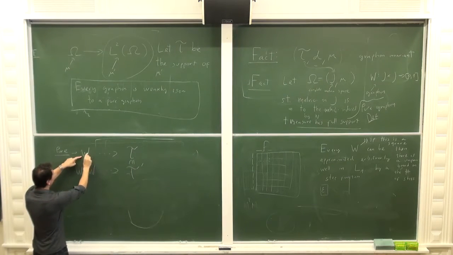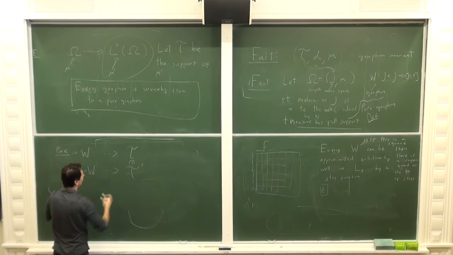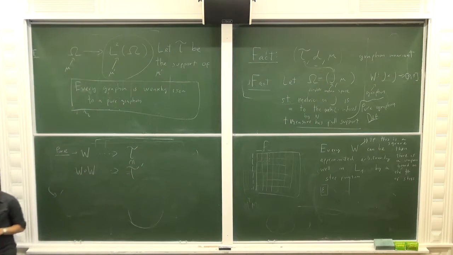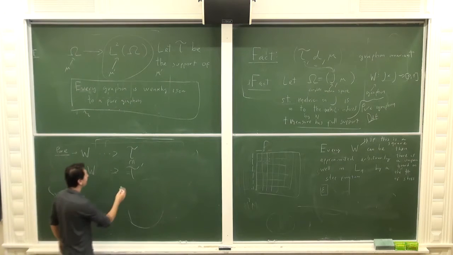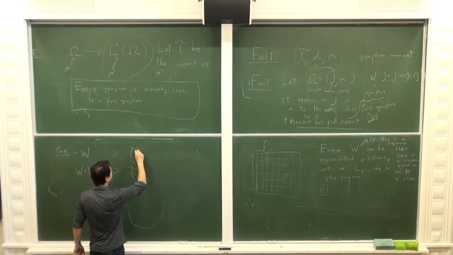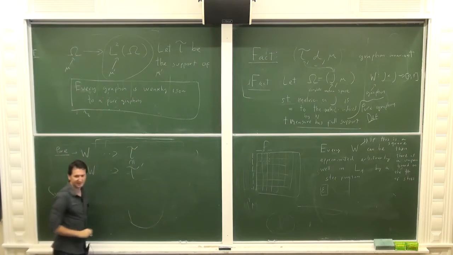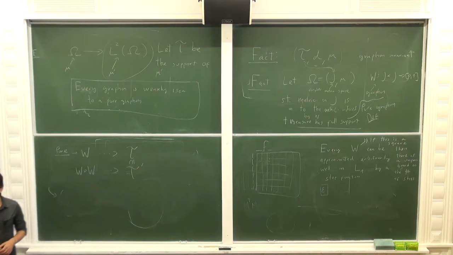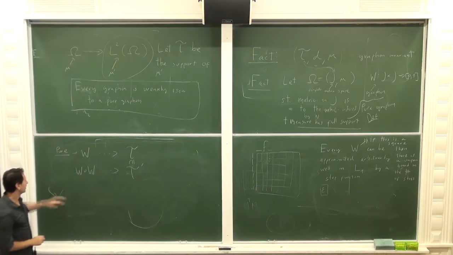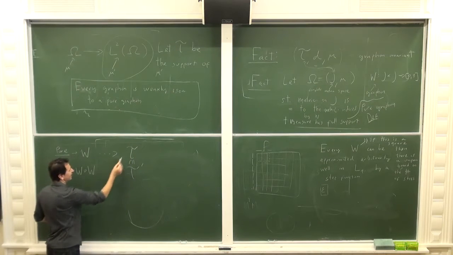all the rows are also different in this topology. They have a non-zero distance. But you may get new points added to the topology. So that's an interesting phenomenon. But if this space is compact itself, then you don't get new points in the topology. Well, no, because this is a graphon invariant.